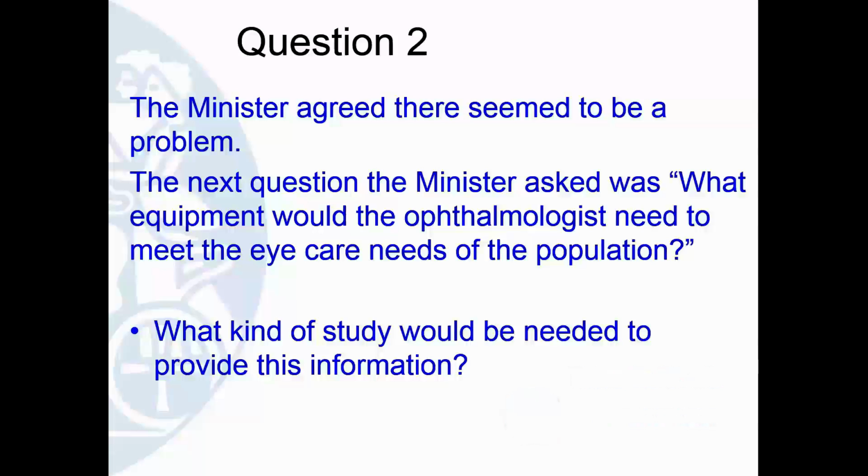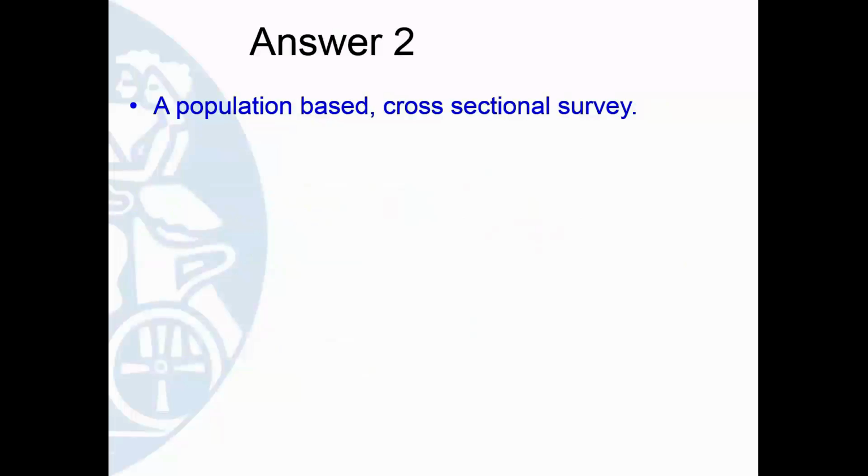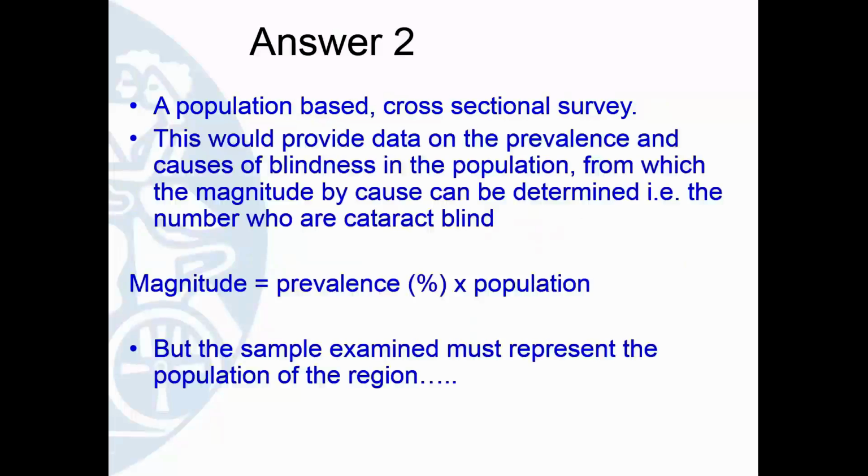So the answer to that is a population-based cross-sectional survey. And these surveys are undertaken where you go out into the community and you very carefully select a sample of the community who are examined to determine how many of the sample that you examine have eye conditions or who are blind, and what the causes of those conditions are.